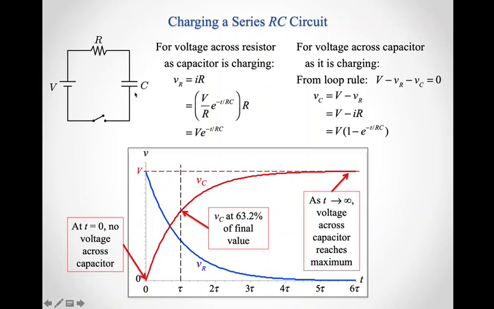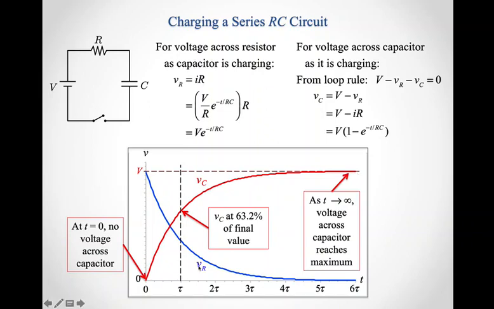When my capacitor is fully charged, there's no current in the circuit anymore, which means my loop rule basically says that whatever I gain across the battery, there's nothing to drop across the resistor because there's no current going through the resistor, so it doesn't have a voltage drop. And I've got to drop everything across the capacitor, which is why once I have a fully charged capacitor, its voltage is equal to the voltage of the battery.